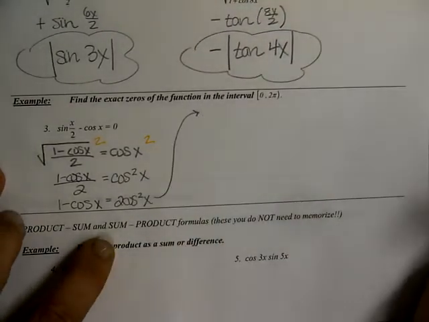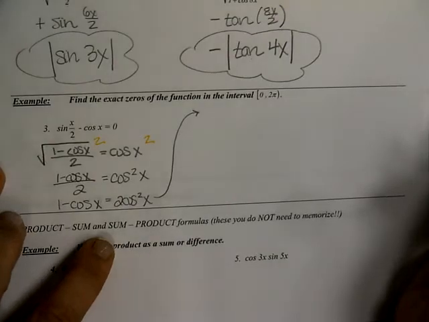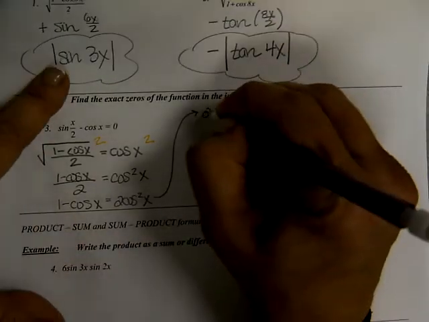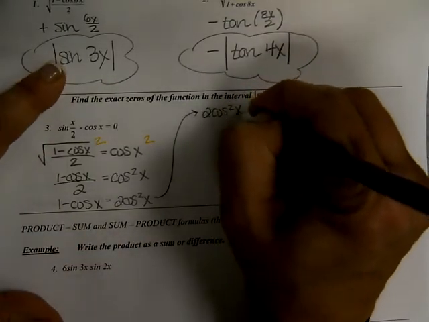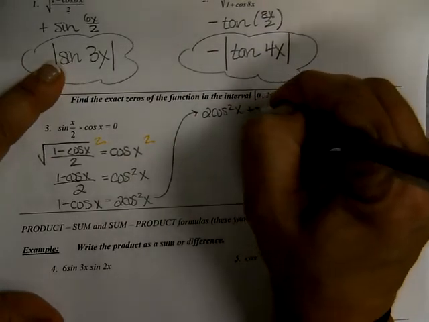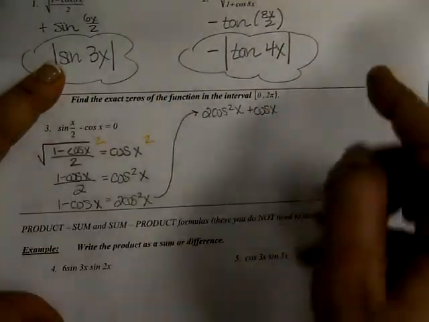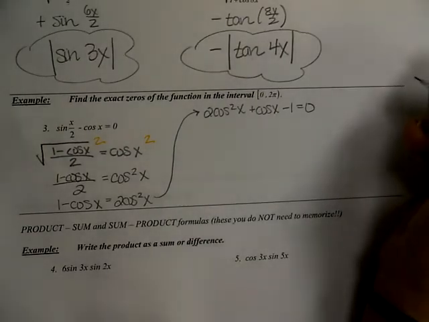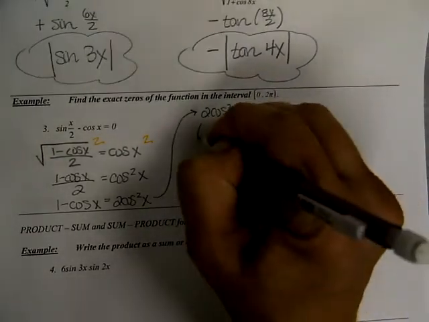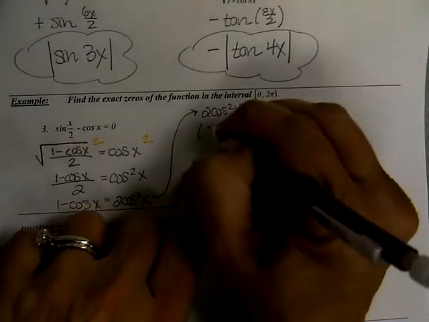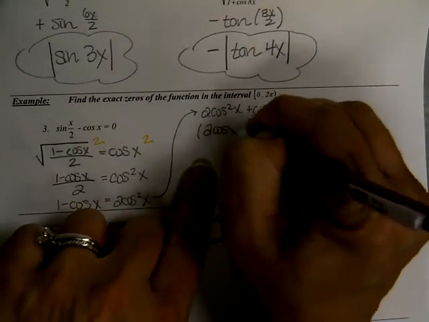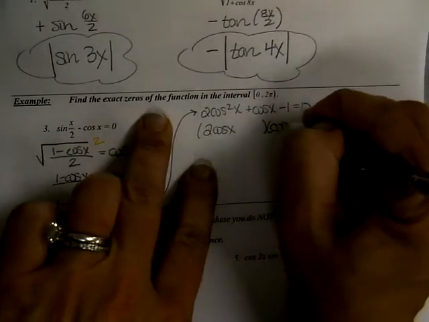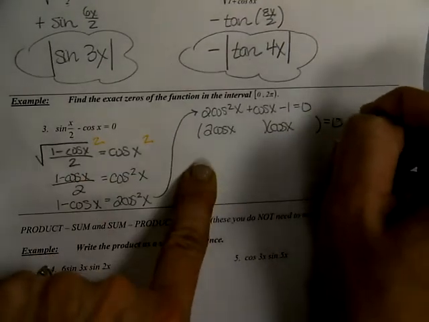So let's give it a whirl. If we put everything to one side, I get 2 cosine squared x plus cosine x minus 1 equals 0. And now that it's in that quadratic form, maybe we can factor it. So I would need 2 cosine x and cosine x here.